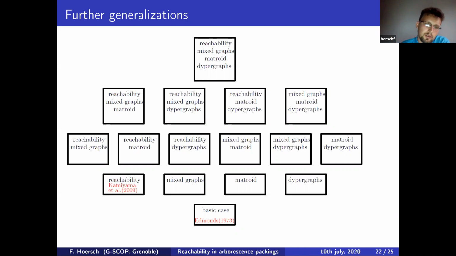Then there's this reachability case. That's the theory I showed you before. And that's actually the proof that I showed you in detail before. How to get the reachability from the basic case, or that's a little lie, from this stronger version. Okay, then all these things have been considered. Mixed graphs were considered by Frank.